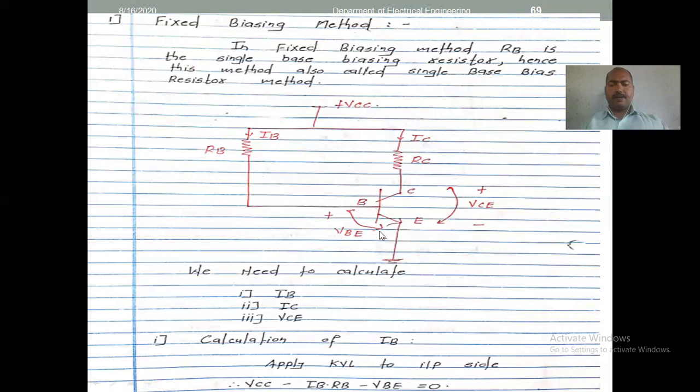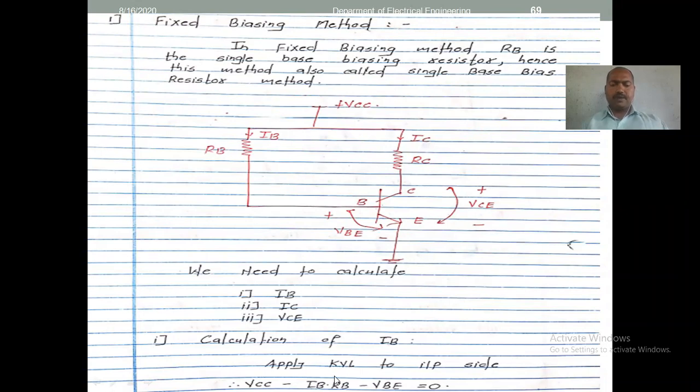Now see here: plus VCC minus IB into RB, and the voltage between base and emitter, that is called VB. So plus VCC minus IB into RB minus VB. This is the equation for IB.